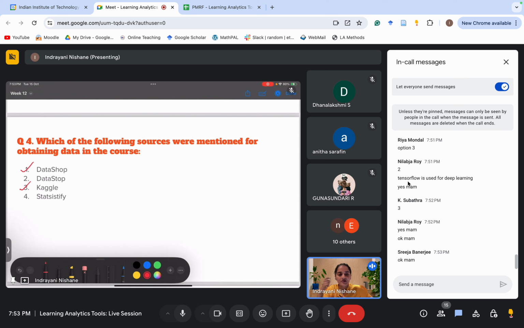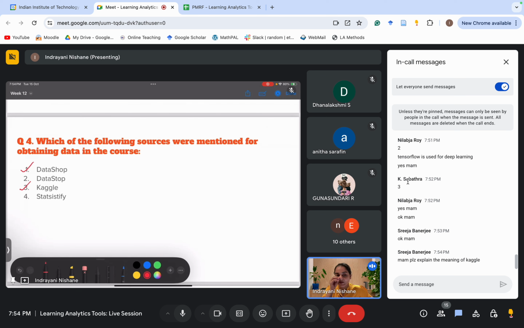Kaggle is the most famous website. Till a few years ago, Kaggle's data science challenge was considered very good, and if you were able to clear that challenge, it would reflect very nicely on your CV. Datashop and Kaggle are websites which give you access to data in the public domain.